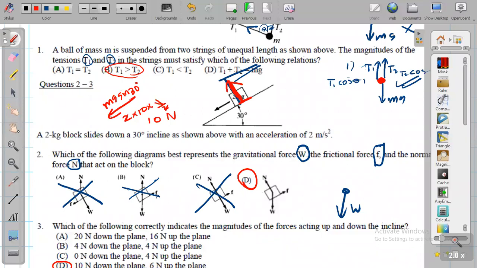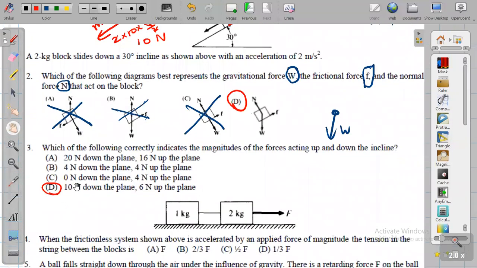That is true. But this is actually to trap you. Why? This is not a frictionless surface. It has some friction. So it cannot be this one.